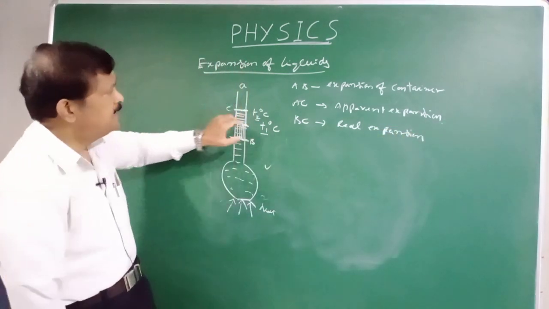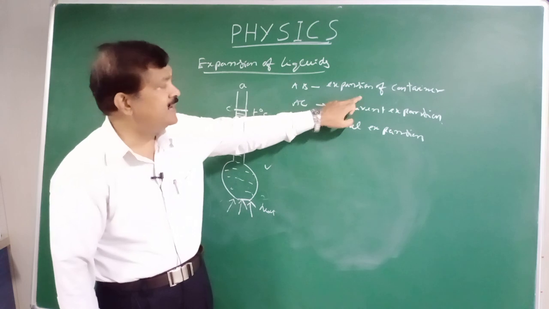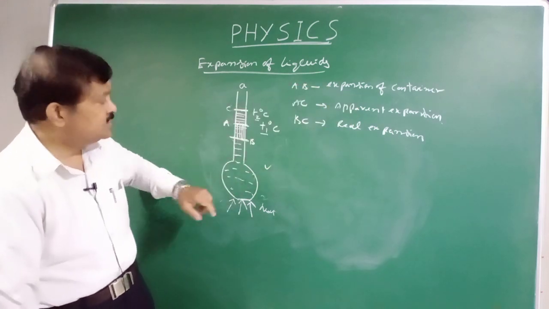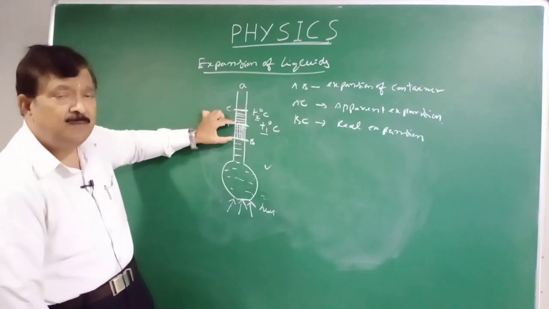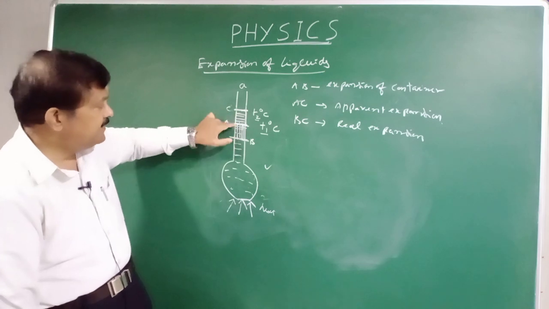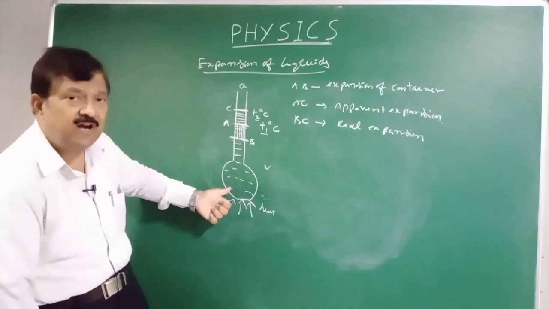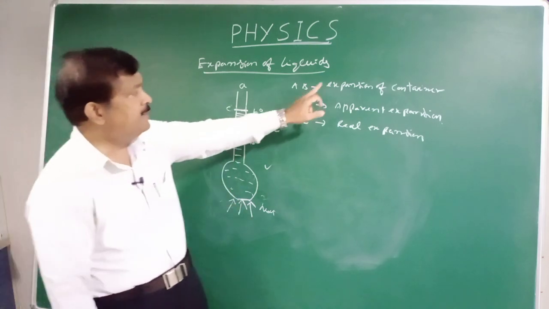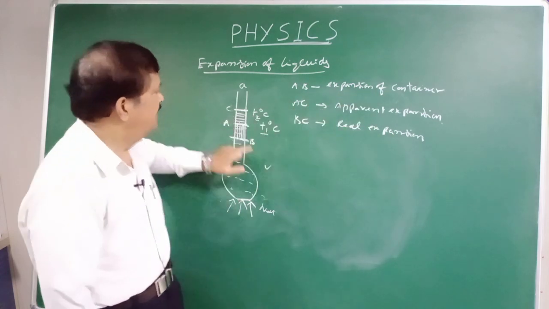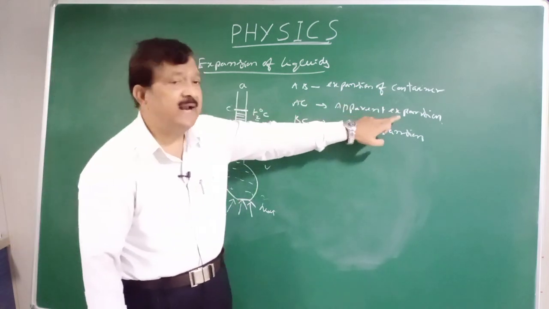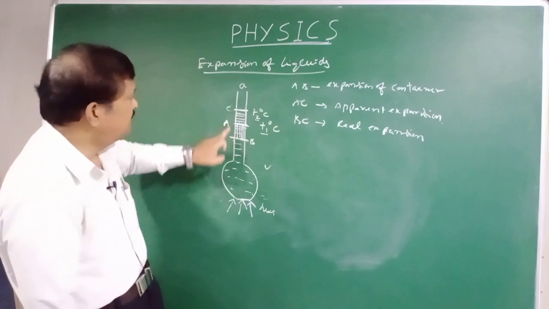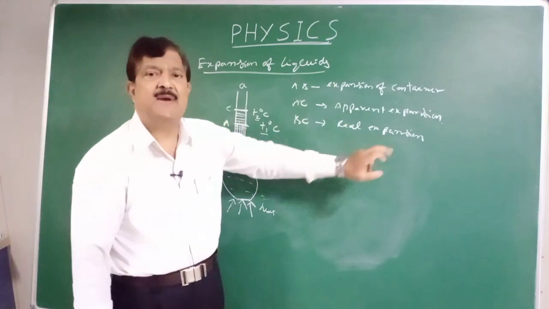AB corresponds to the expansion of the container because the liquid level is falling, so the change in the volume of the liquid from A to B is equal to the change in the volume of the container. So AB represents expansion of the container, AC represents apparent expansion of the liquid, and BC is the real expansion.